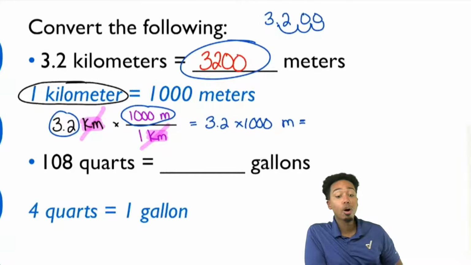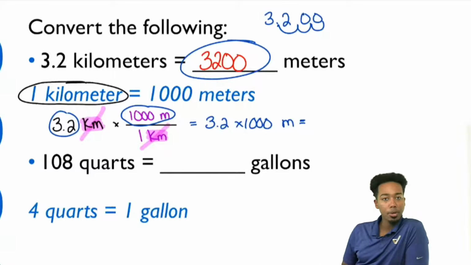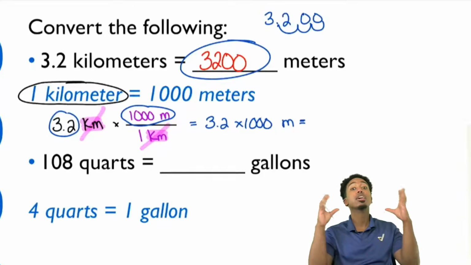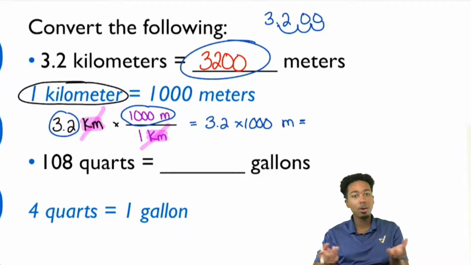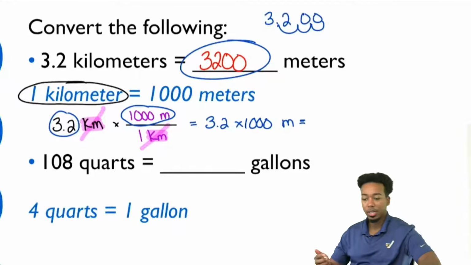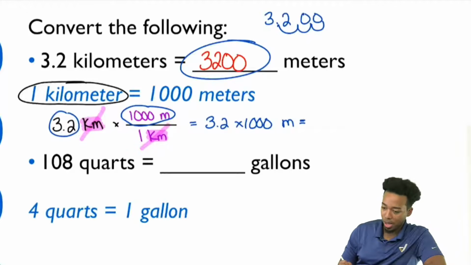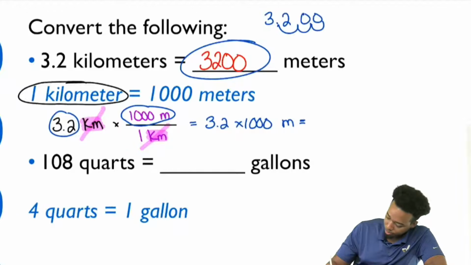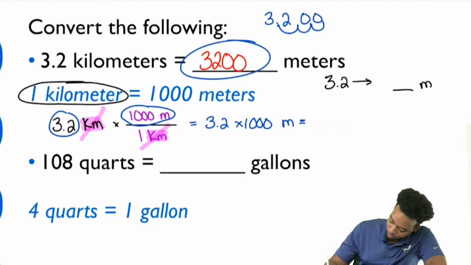But if we're going with the bigger, smaller method, everybody, from kilometers to meters, meters is smaller, so you're breaking up every kilometer into 1,000 meters. You're breaking up, you're making a bunch out of one. And so here we would multiply, and boom, 3.2. Since we're going smaller, it would be times 1,000.